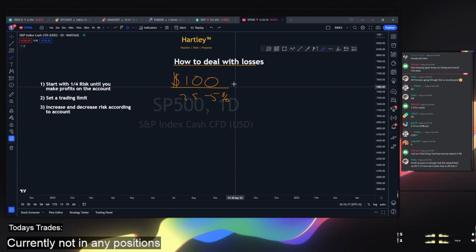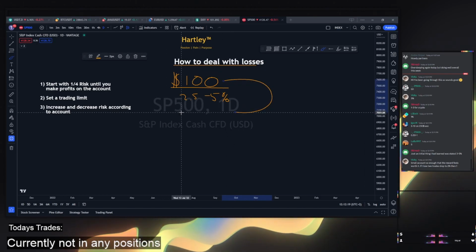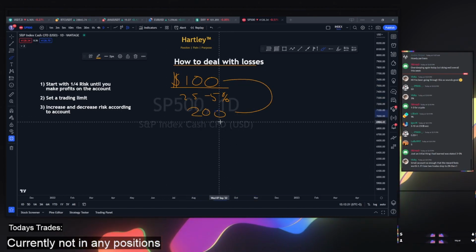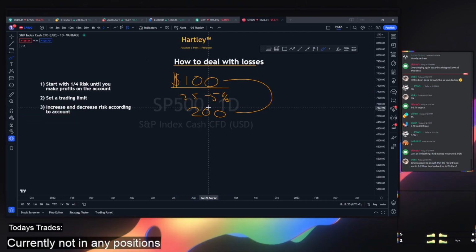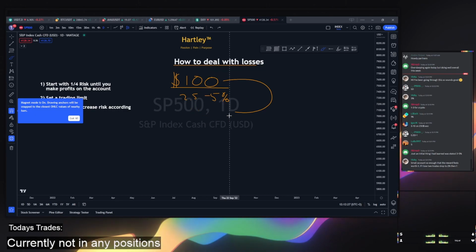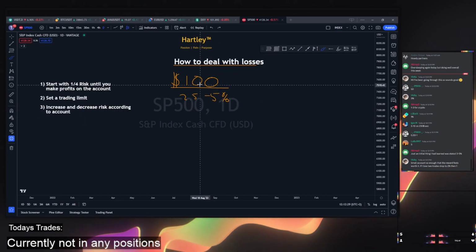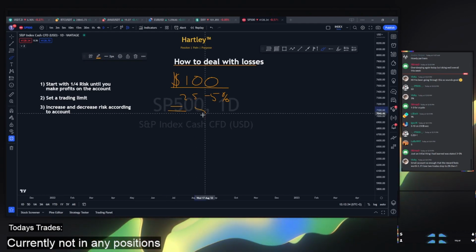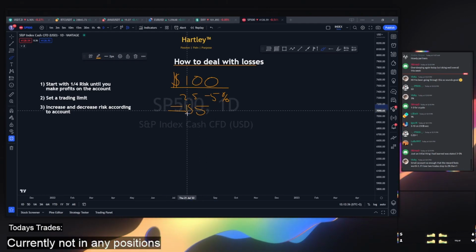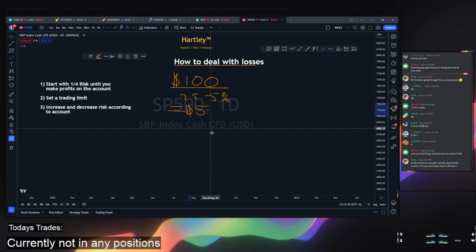Whenever you double your account, get this account up to $200, you're then going to risk the same percentage, but of $200, right? So let me say that again. 5% of $100 means you're risking $5, right? You're risking $5 on this $100 account per trade.